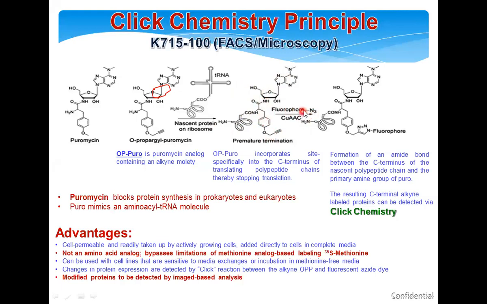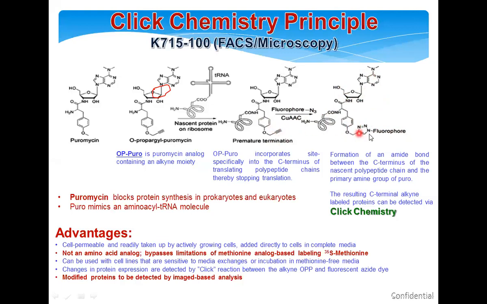Now you are adding the fluorophore attached to the azide, and you have the alkyne already in the puromycin analog. You are adding copper as a catalyst, and you have this newly synthesized, premature nascent polypeptide chain containing the fluorophore azide, because of the alkyne.